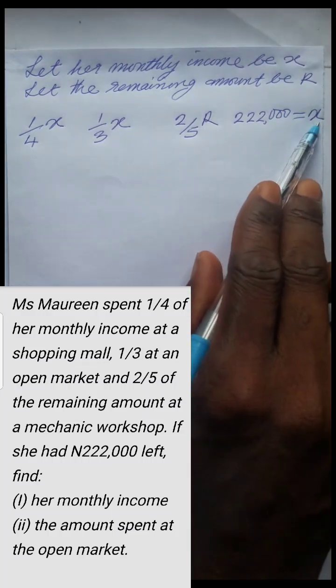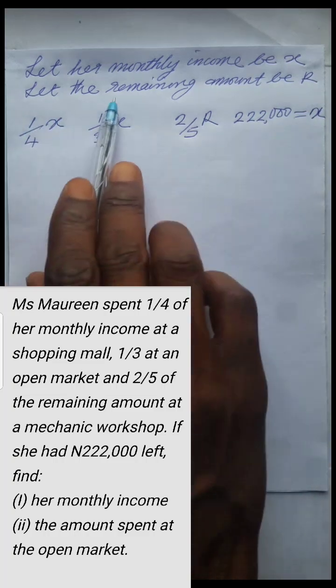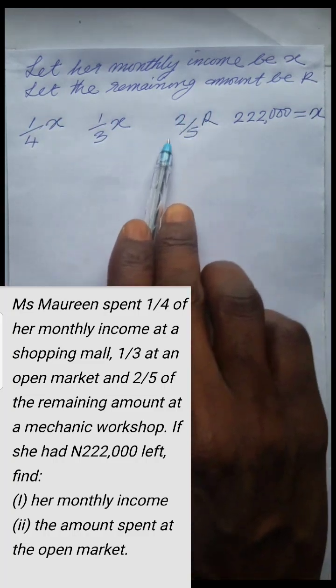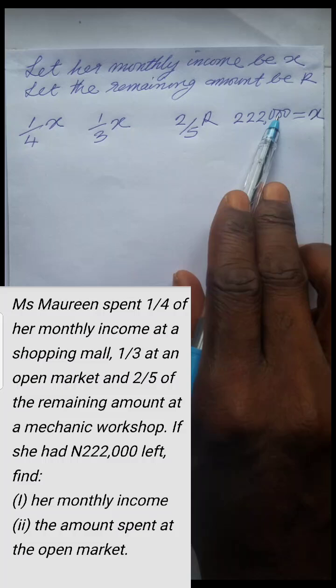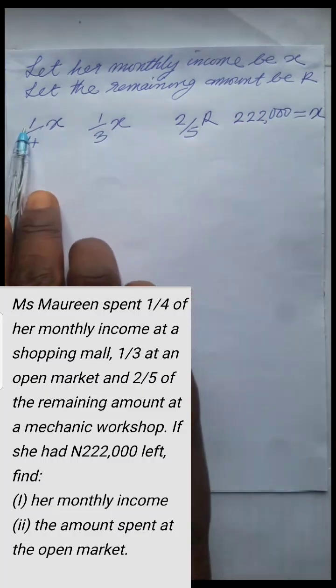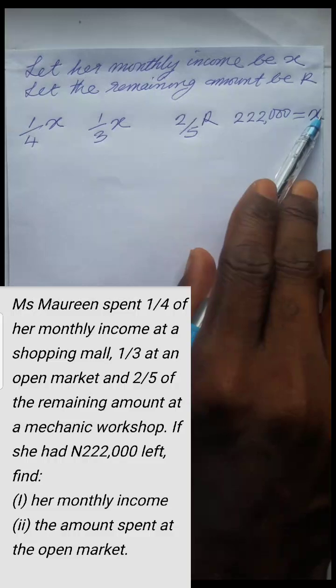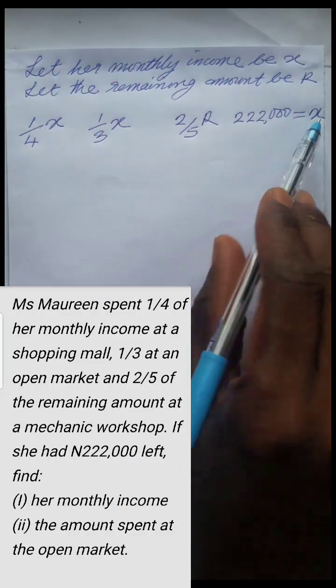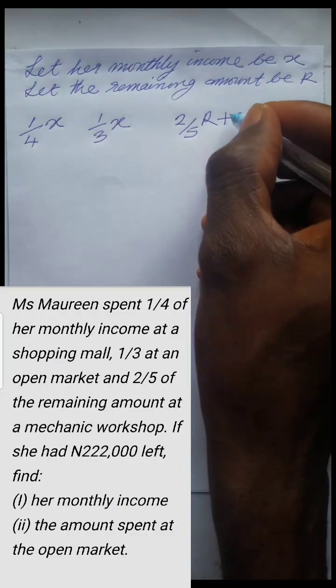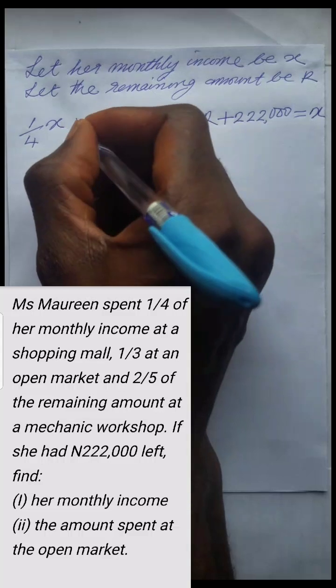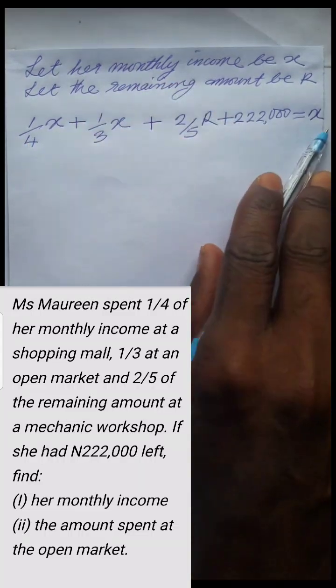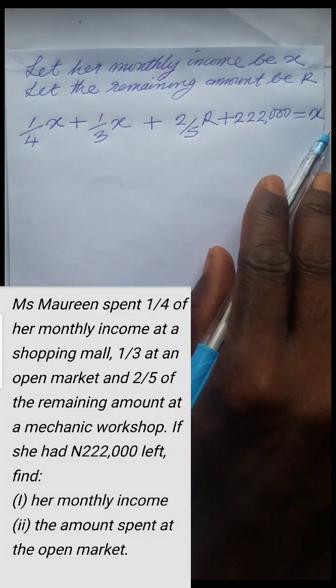Does that make sense? She spends this fraction here, spends this fraction there, and then spends this fraction there, and then this remains. Of course, after spending this amount, this is what is going to remain. If you add all of them together, you have our money back, right? Our monthly income. So that's our equation, and we're just going to put plus signs here to build an equation. I hope you understand that.